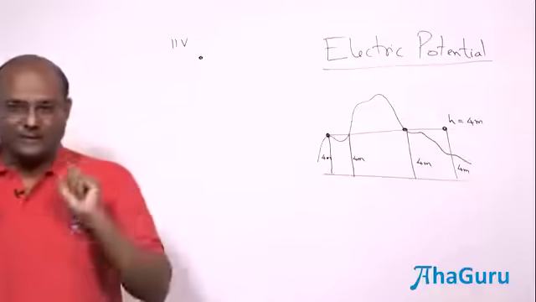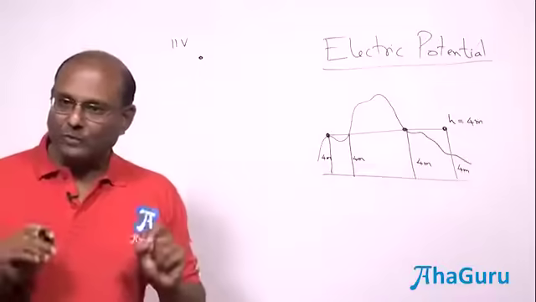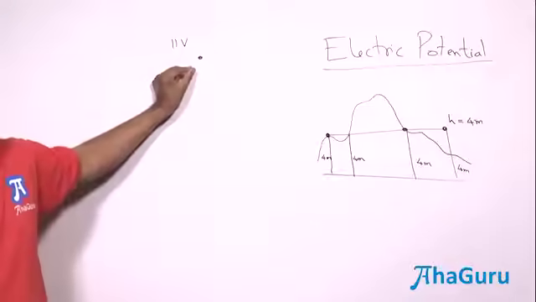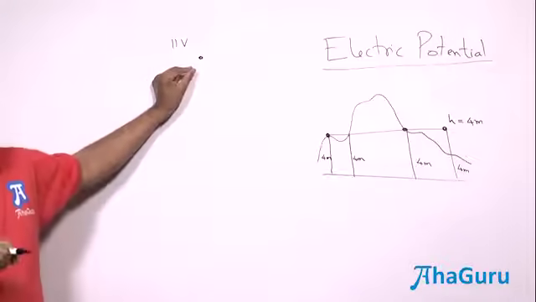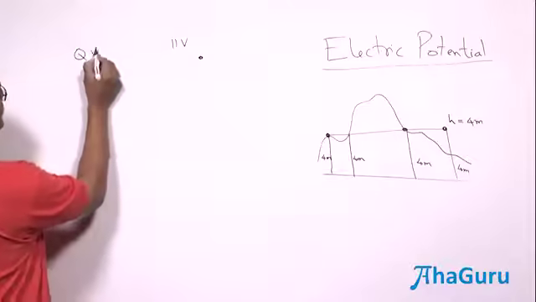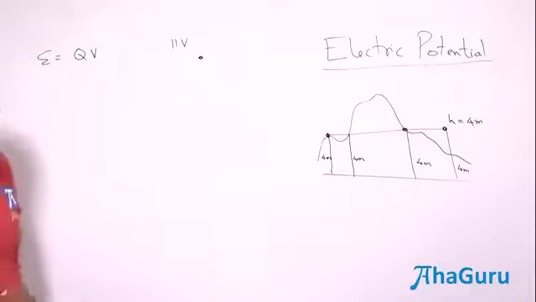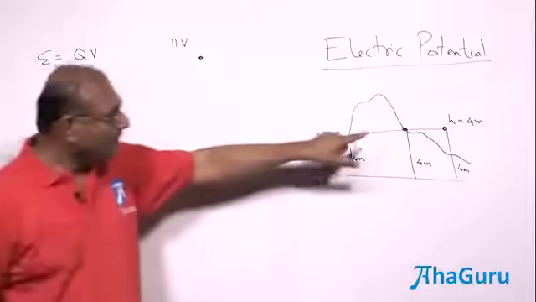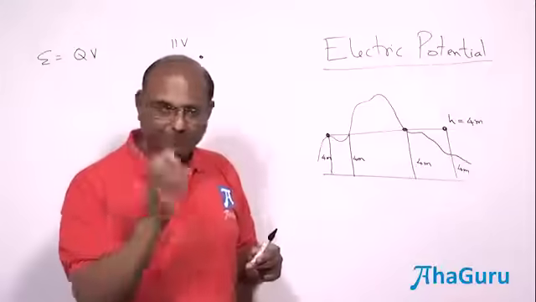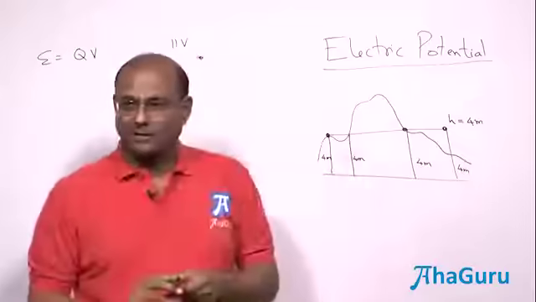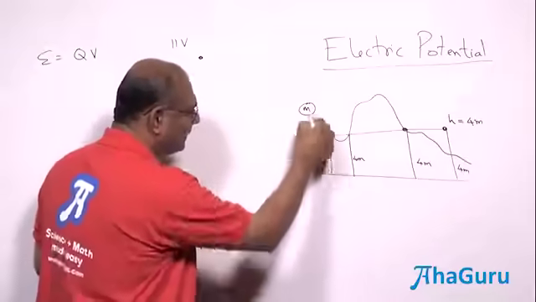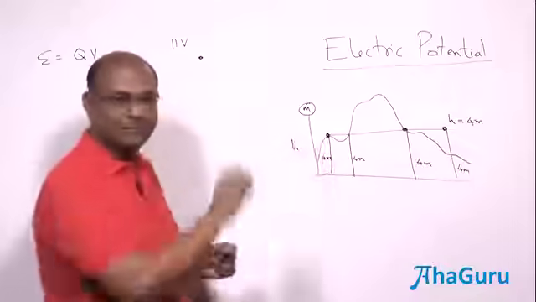And you will see that there is a lot of connection. Remember I told you that the energy of a charge when it is sitting here, what is the energy of the charge? Charge times potential, right? So charge times potential is the energy. Now, if I look at this height, if I bring a mass m and I keep it here at this height h.